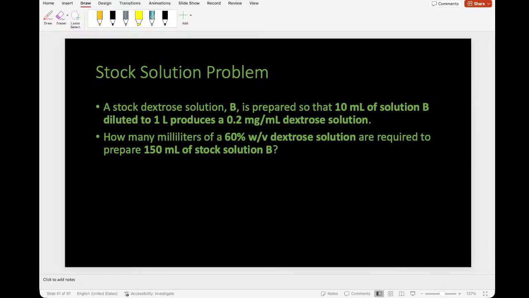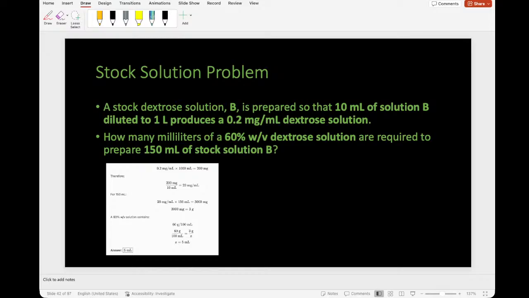How many milliliters of a 60% weight per volume dextrose solution are required to prepare 150 milliliters of stock solution B? That might be a lot of words, and some of you might have a little bit of trouble understanding that. So let's go over the solution and see how they've worked it out.